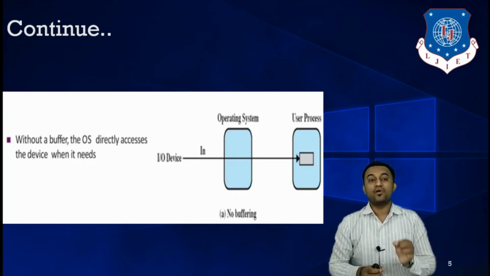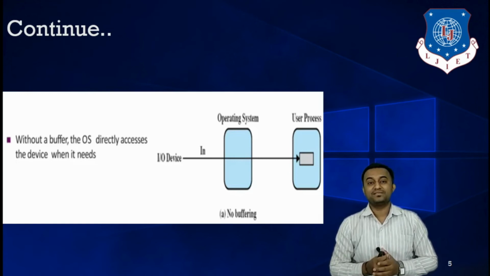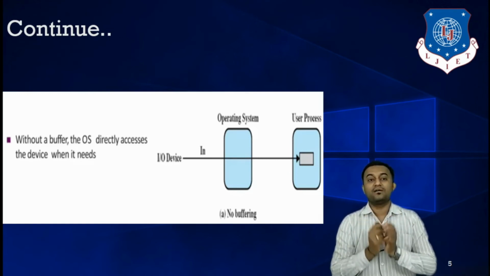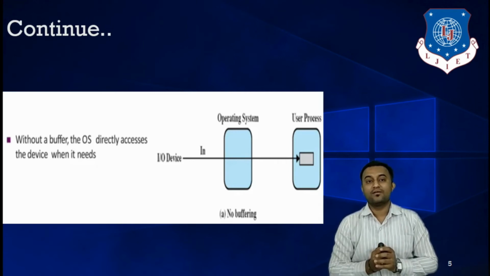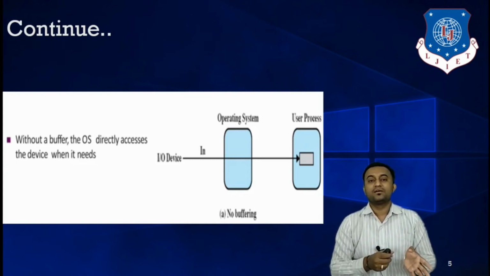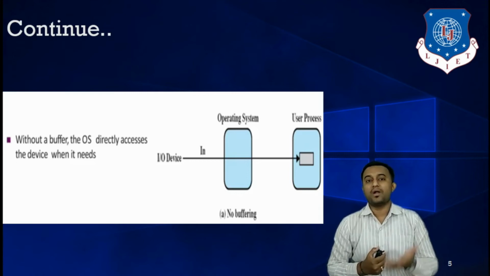Without a buffer, the operating system directly accesses the device when it needs. When a user process requests IO devices at runtime, the operating system provides the IO devices to the user process on demand.